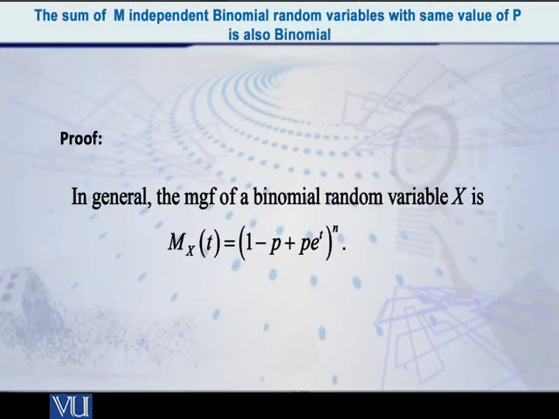Dear students, as you already know, in general, the MGF of a binomial random variable X is given by M(t), or we can write better MX(t), where X is written in the subscript to indicate that we are talking about the random variable X. So MX(t) is equal to (q plus p e raised to t) whole raised to n, where of course q itself is equal to 1 minus p.